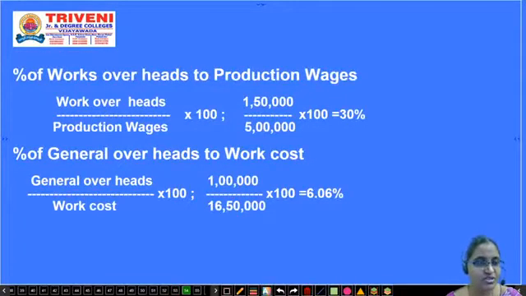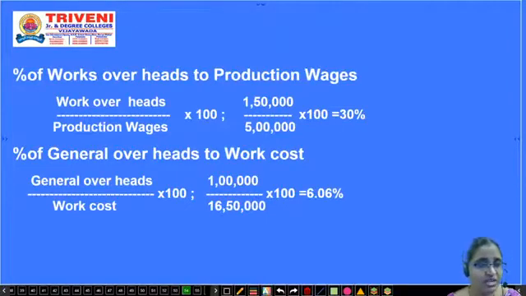After that, they also asked for some information. In the above sum, the first point A, they asked to calculate the cost of production. The cost of production was already calculated with the help of the cost sheet. Then points B and C. The first one, B, was the percentage of works overheads to production wages.